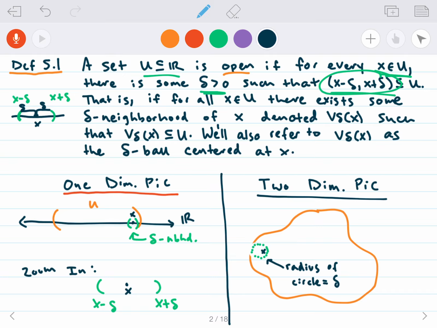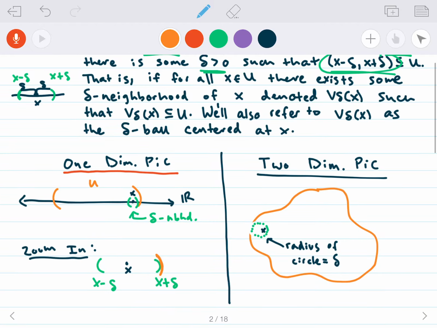So if we zoom in, we get this picture, and the point is that we have our orange that's really, really close, but it doesn't matter. It's still completely contained in that open set.